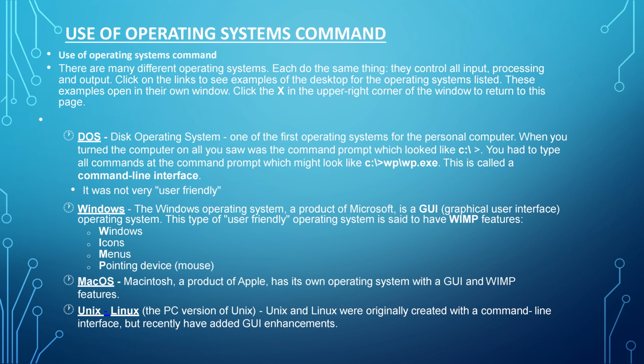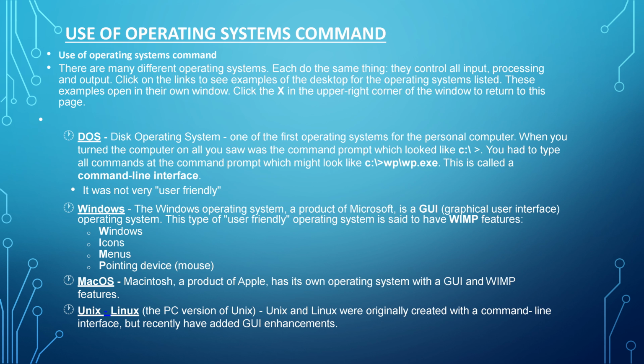For example, the mouse is an example of a pointing device. We have Mac OS, Macintosh, a product of Apple, has its own operating system for a graphic user interface and a WIMP features.